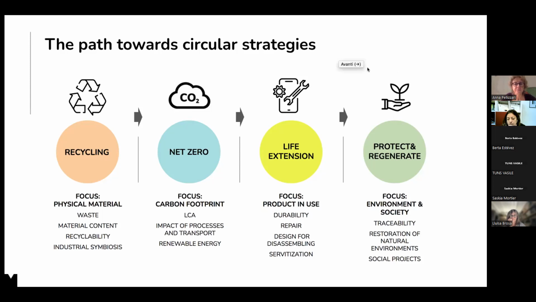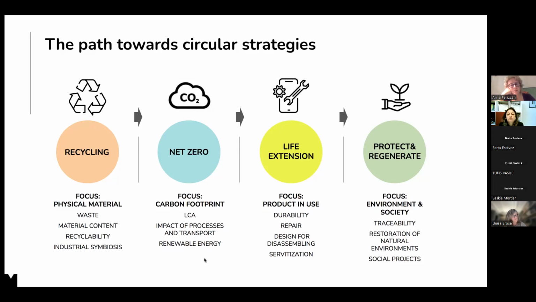Yes, of course. Then we have net zero, which focuses more on CO2, so on carbon footprint. Clearly, the actions in these cases are LCA, the impact of processes and transport, the use of renewable energy, etc. Then life extension, which focuses more on durable products, but not just that.